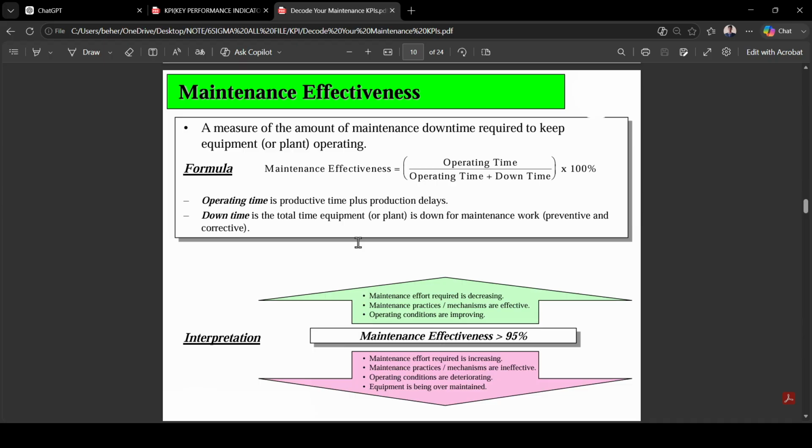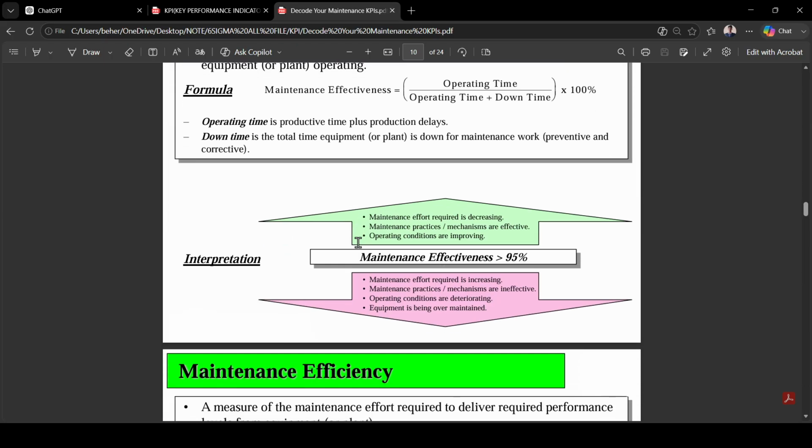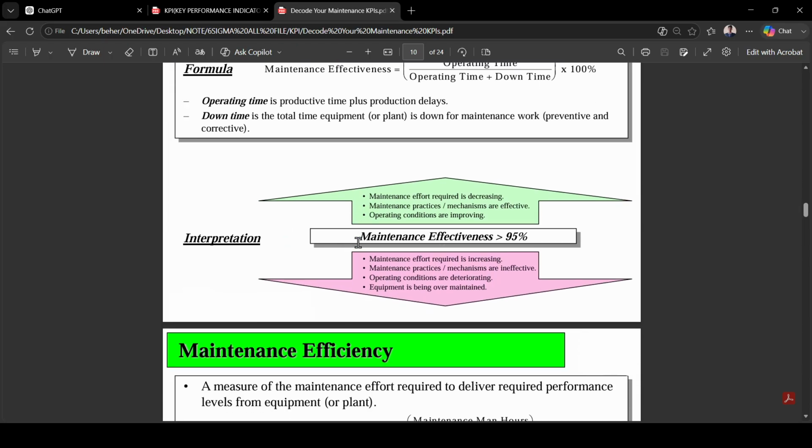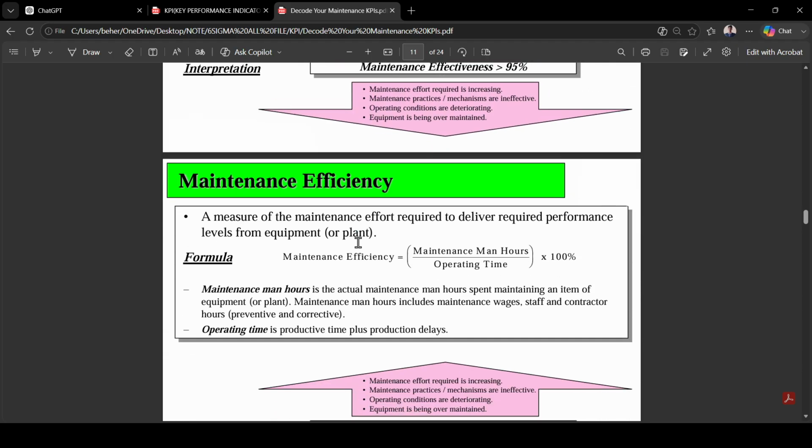Operating time is productive time plus production delay. Downtime is the total time equipment or plant is down for maintenance work, preventive and corrective. Interpretation: maintenance effectiveness should be greater than 90%.